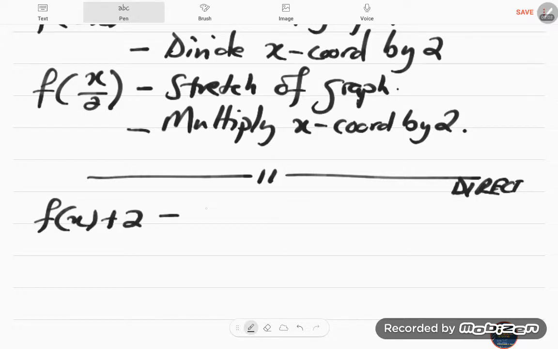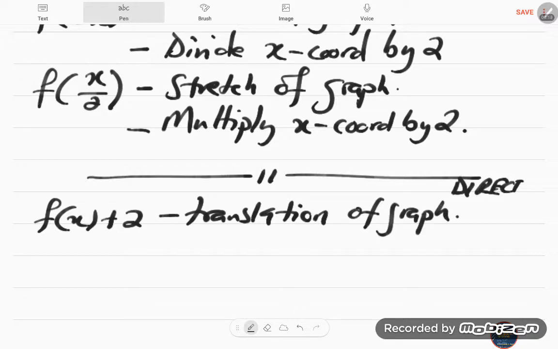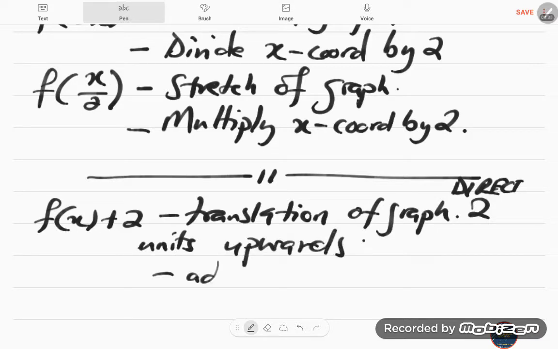So the cases we're going to look at: plus 2. Because it's a plus, it's going to be a translation of the graph. And because it's direct, it means that with the plus 2 we're going to add 2 to the coordinates. But this one affects the y, if you remember. So it's a translation of the graph 2 units upwards. So in effect, we're adding 2 to the y coordinates.